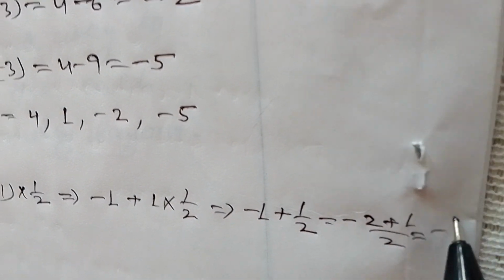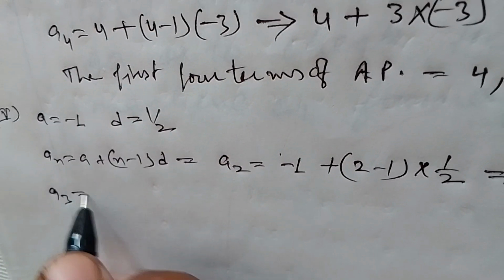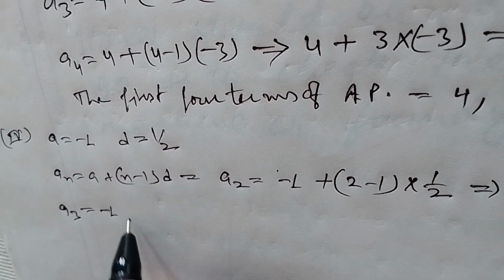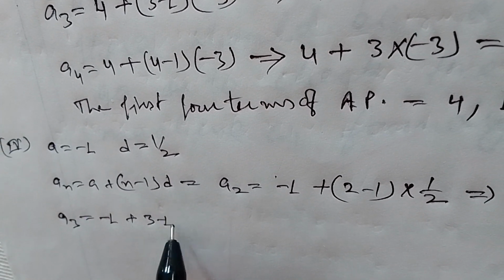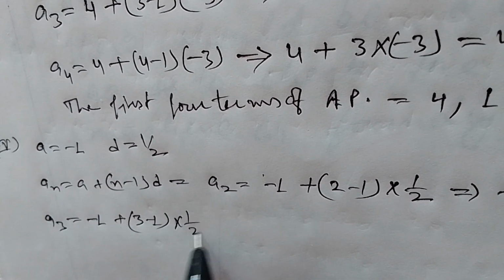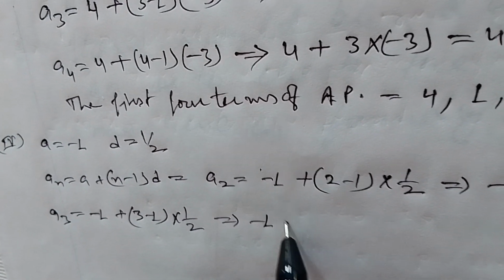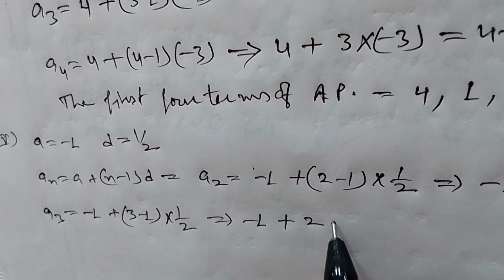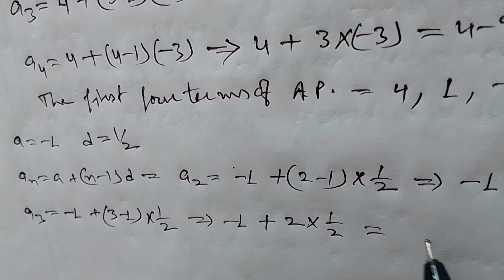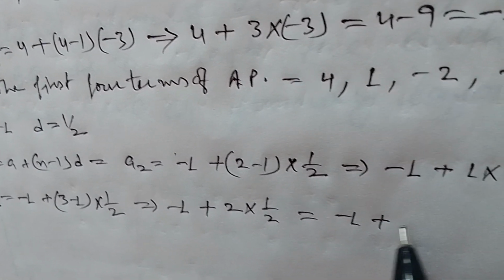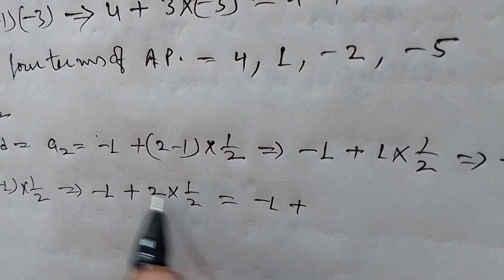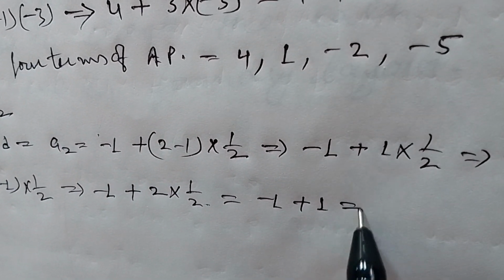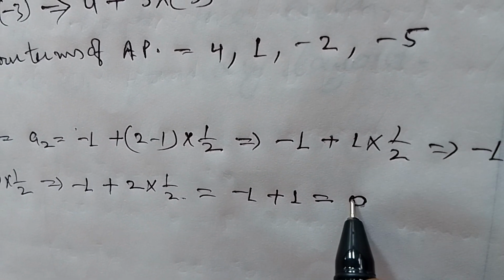It comes out to be minus half. So a3 now is minus 1 plus 3 minus 1 multiplied by half. It comes out to be minus 1 plus 2 multiplied by half. That comes out to be minus 1 plus 1. 1 minus 1 comes out to be 0.